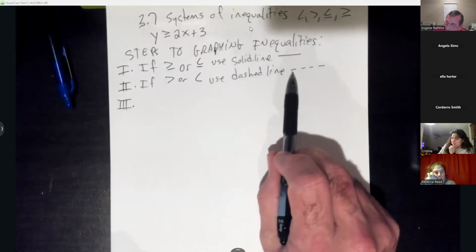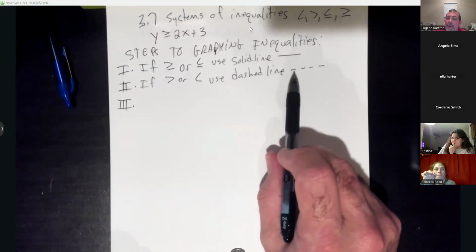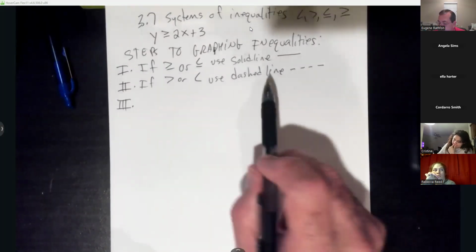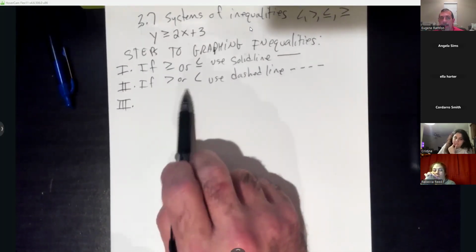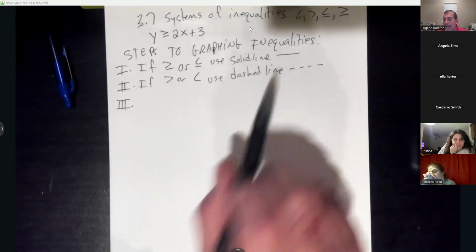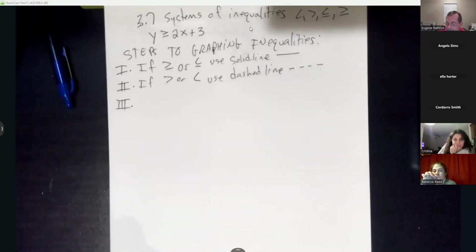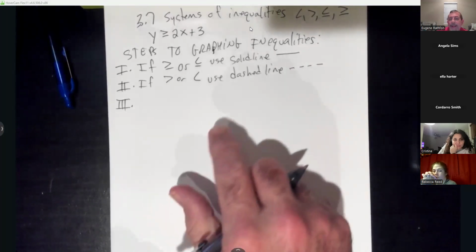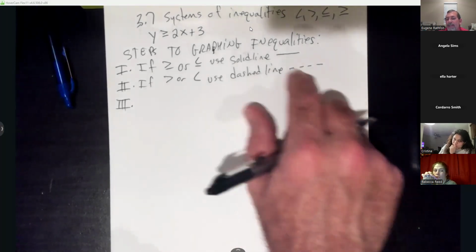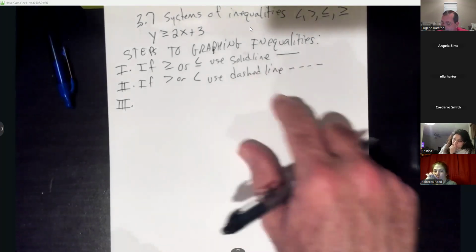Now remember, on the dashed line, any point on the dashed line will make it false because it doesn't have that equals in it. So it's really just because of the equals that anything on that line is true. Got you. Thank you.